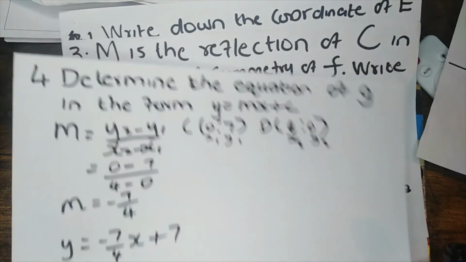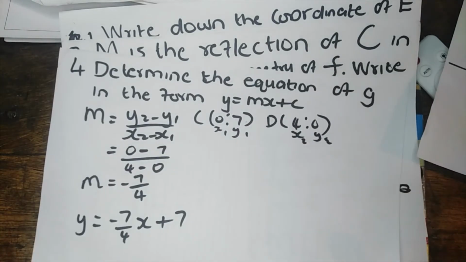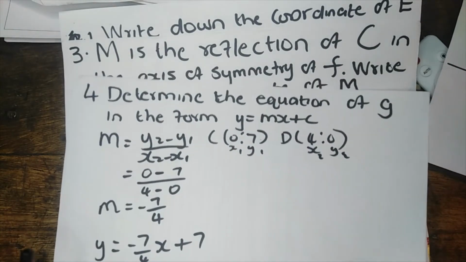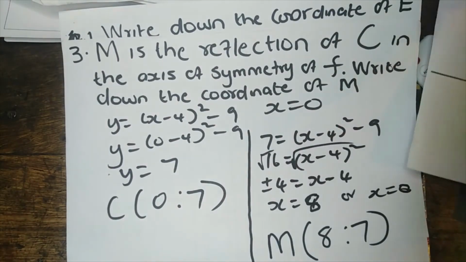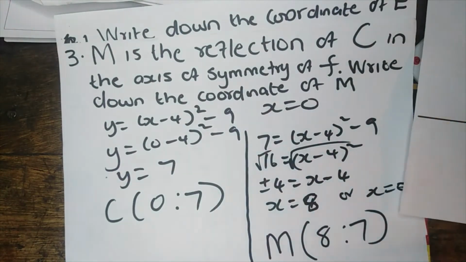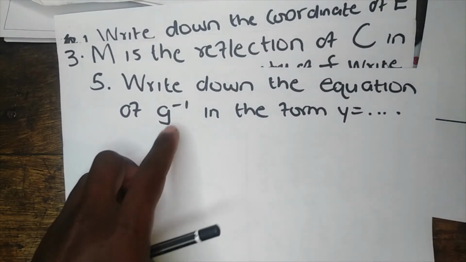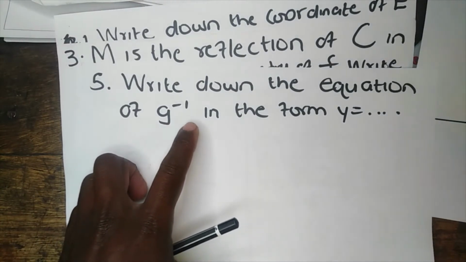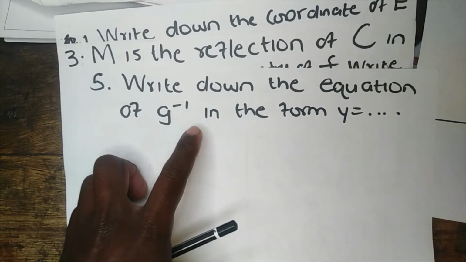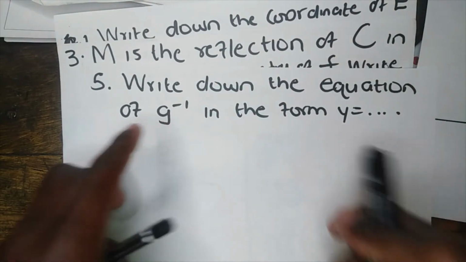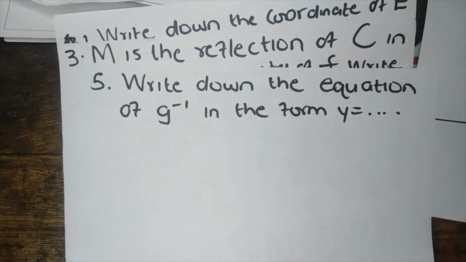Okay, so let's go back to number 5. Let's write down the equation of G inverse in the form of y.